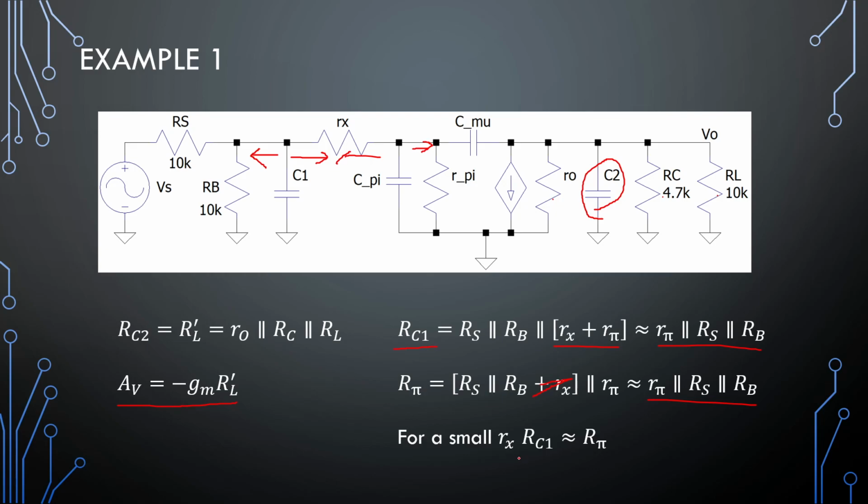So you will find that in most cases or problems, people will see these two capacitors as if they are in parallel and work with R pi. Okay, so this equation right here, I'm just going to leave it at R pi parallel to Rs parallel to Rb, but you'll find that most people will be working with this equation right here.